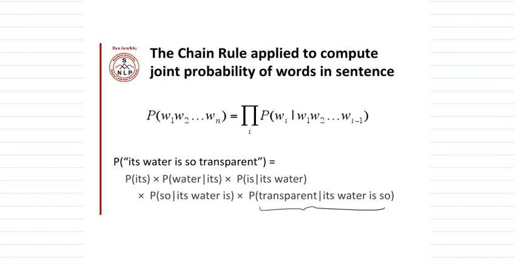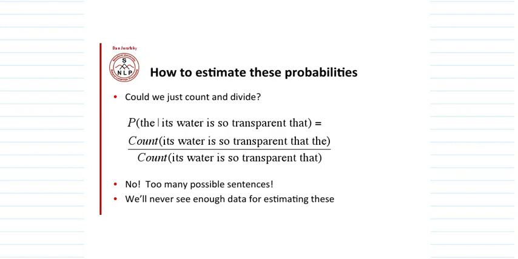Right? And it may be somewhere near 0 even, right? So we need to make some kind of assumption. In order to calculate the probability through the counting method, we could just calculate the count of wi comma wi minus 1, that is, the count of both, right?